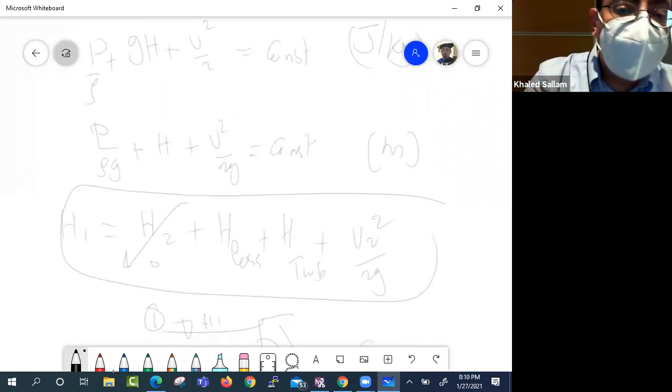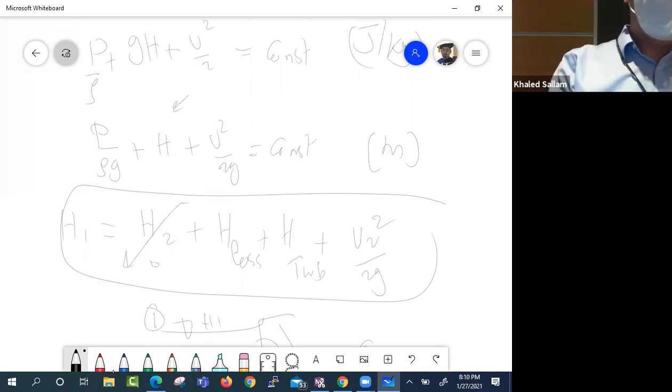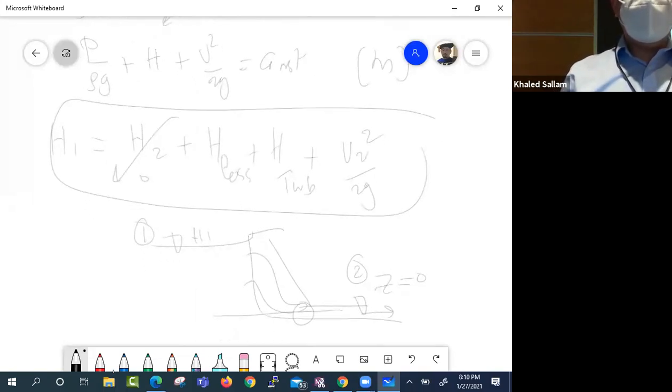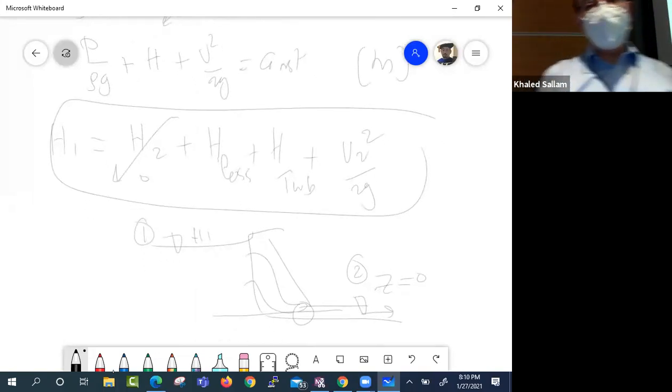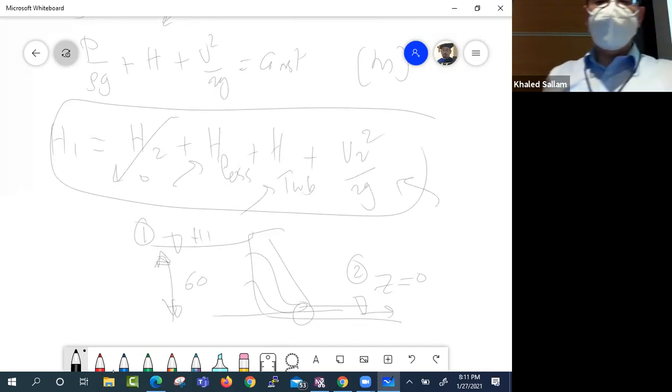And sometimes it's useful because people are used to asking what's the head loss of this piping system. And then you can express the turbine also in H. So if I have a 60 meter dam, how many meters are lost, how many are turbine useful, and how much is just kinetic energy that we have to lose at the end.